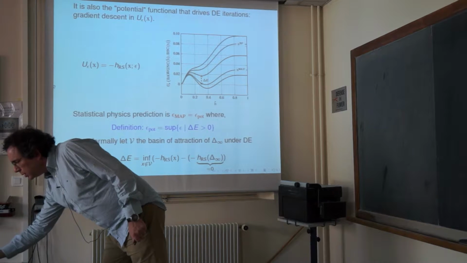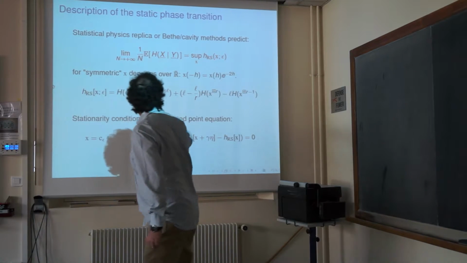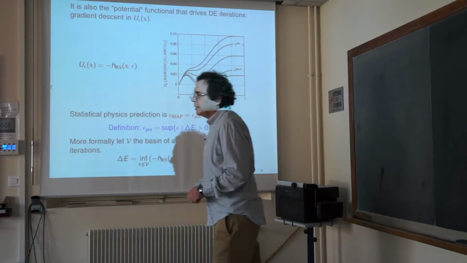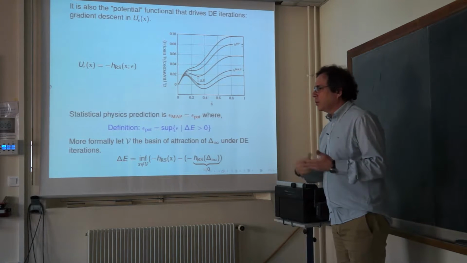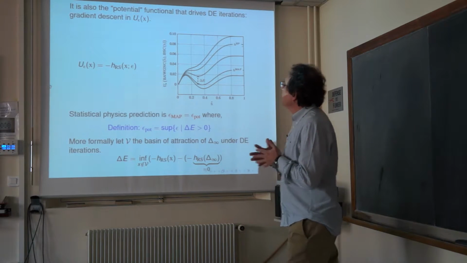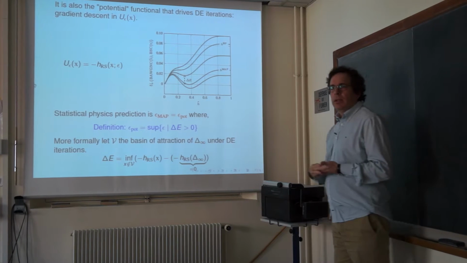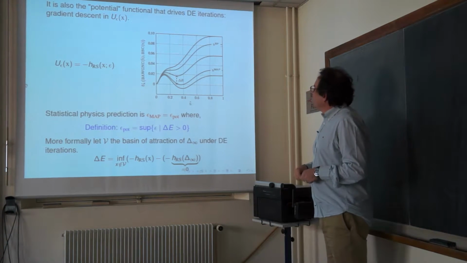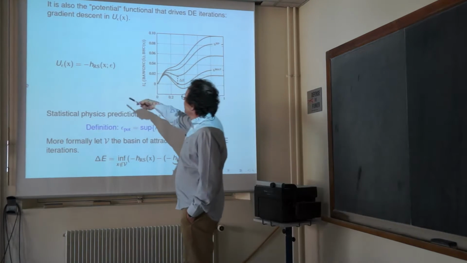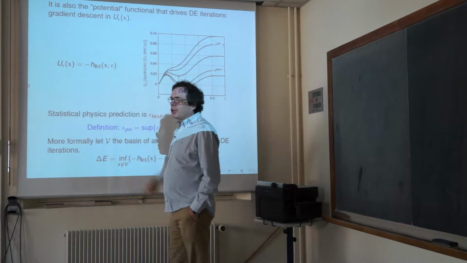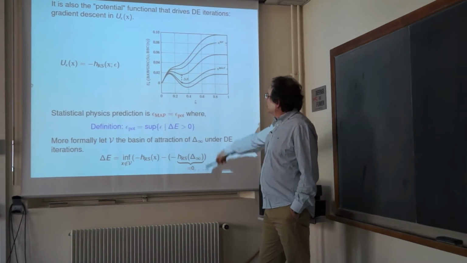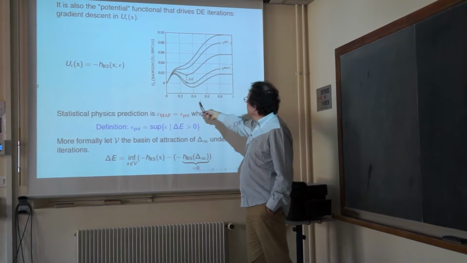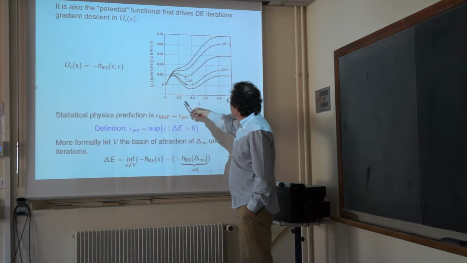Okay, so in fact, this functional here, I also wanted to say, is nothing else than this potential function that Henri introduced in the literature and in his tutorial, okay? Except that it's a potential functional in a functional space, so it's a rather complicated object. So here, think of this as a section through this functional space, and don't read what is on the axis.